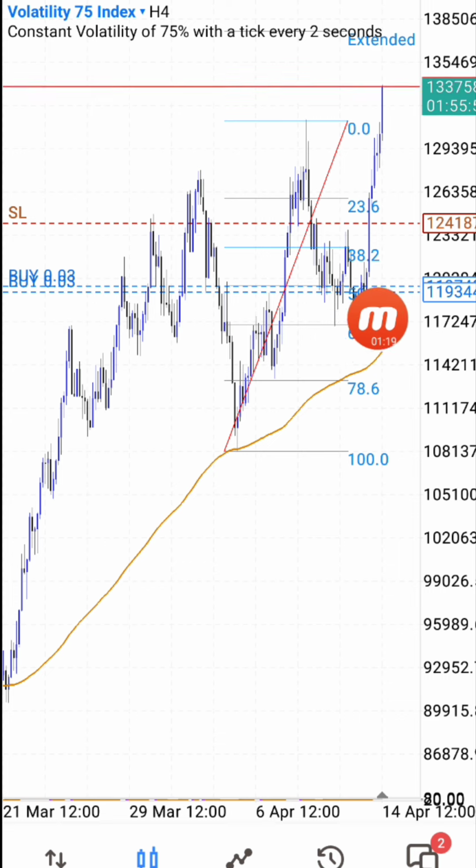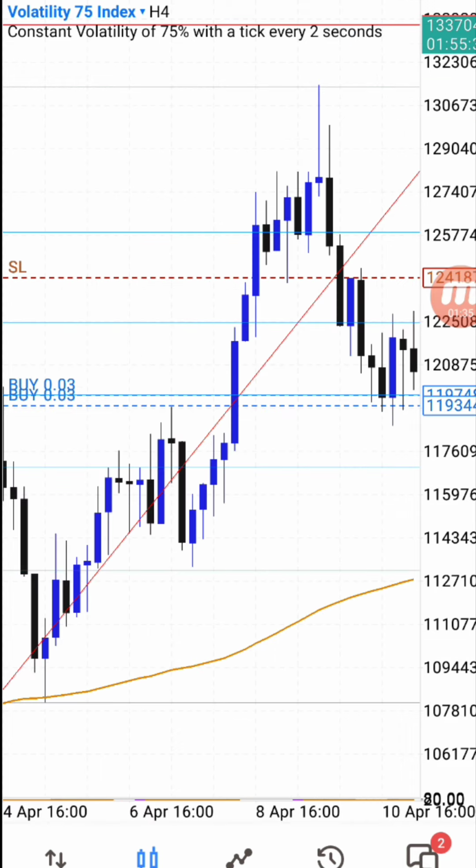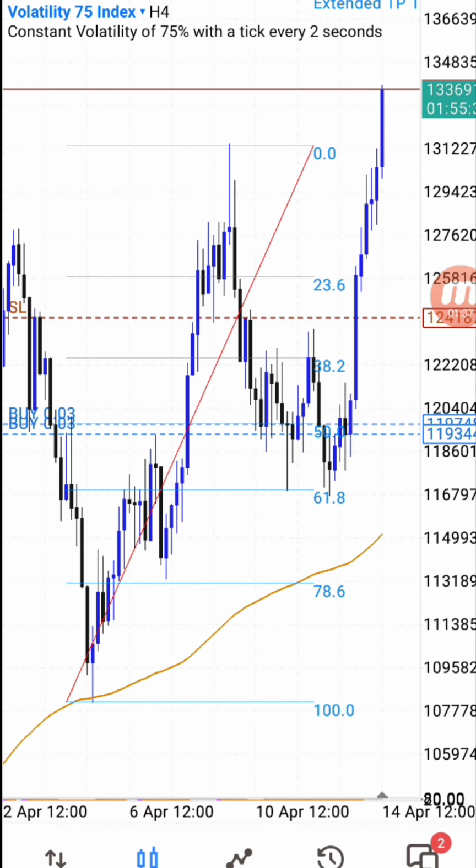Now, as price got to 38.2, it reacted. There was a reaction, although there was a rejection. Now, when it got to 50, let me zoom so that you see properly what I'm saying. When it got to 50, this is 50, you can see, was there any sign that price will go back?